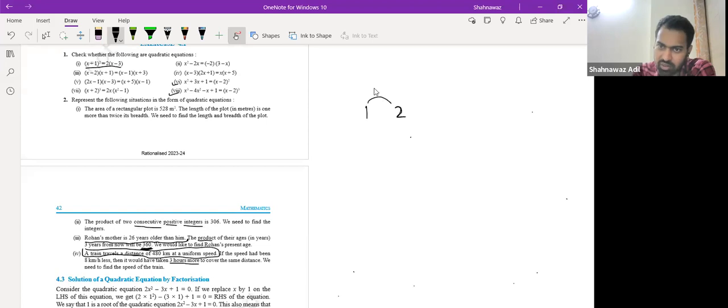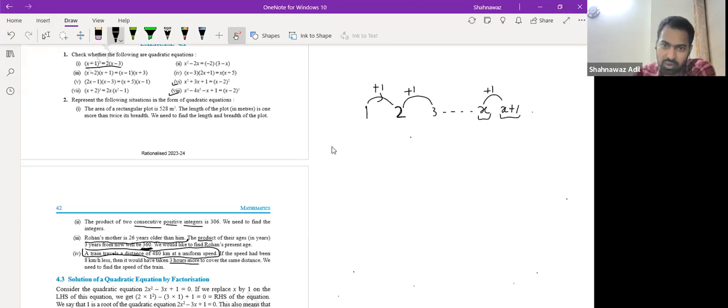We added 1 to it, right? And the next number after 2 would be 3, adding 1 again. And if I have some number x, what do I add to x to get the next number? Plus 1. So this would be x plus 1. So these are two consecutive numbers.